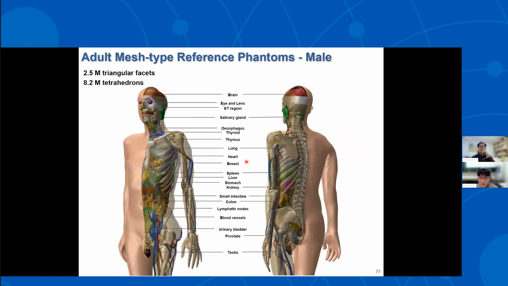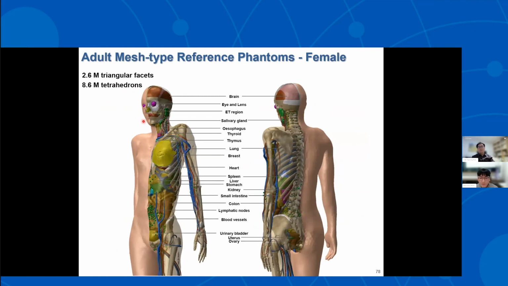For the female phantom, the polygon mesh model is composed of 2.5 million triangular faces. And when we convert to the tetrahedral mesh model, we need 8.2 million tetrahedrons. The male phantom is at a similar level.